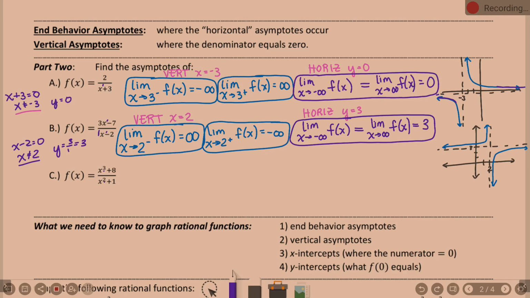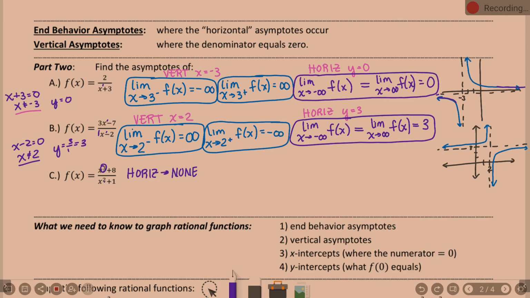There's none. When the bigger power is on top, then there are no horizontal asymptotes. Which means, are there any limits to write then for a horizontal asymptote? No. Okay.